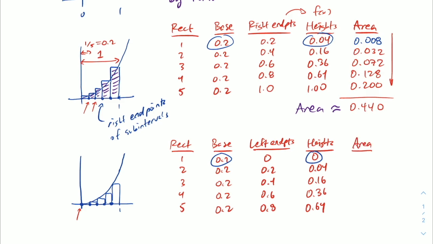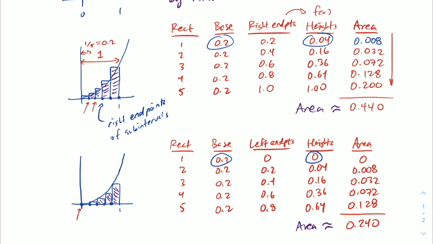So we'll get 0, 0.008, 0.032, 0.072, and 0.128. Adding that up, we get 0.240. That's our approximate area here, the area of those rectangles.